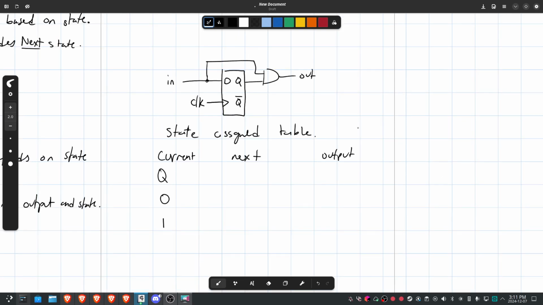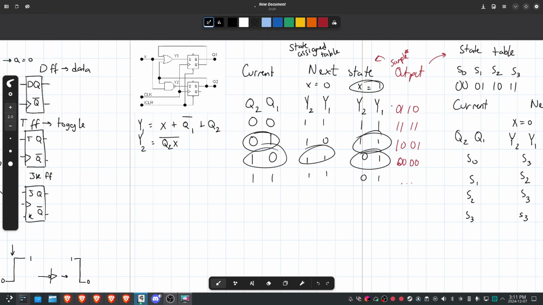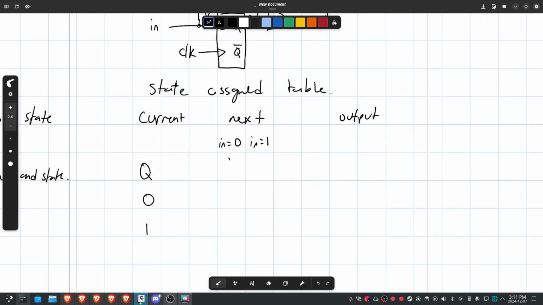This is Q. This is going to be Y. For our next state, if in is equal to 0 and in is equal to 1. Wait, oopsie. Yeah. So we're going to have our Y.